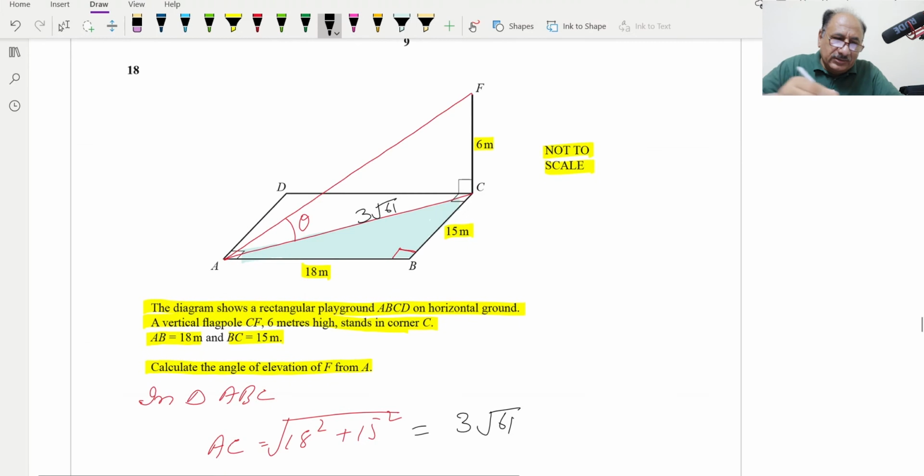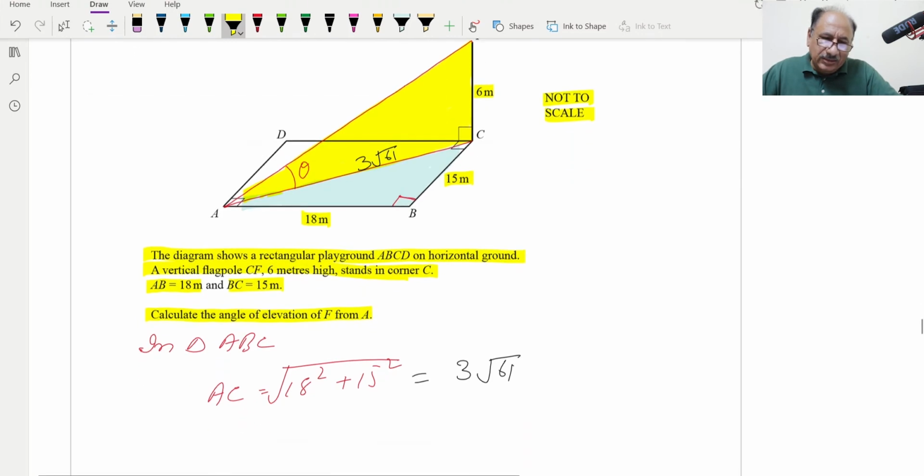Now we got this side, basically 3 under root 61. Now we will be considering the other triangle, which is AFC. I will highlight this triangle AFC. Now we will apply trigonometry on this triangle, and I'm shading in different colors so that your concept is clear.